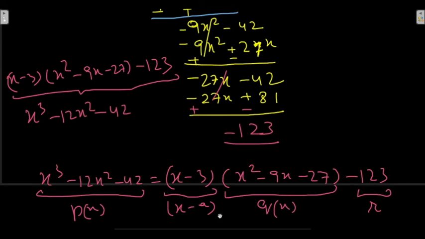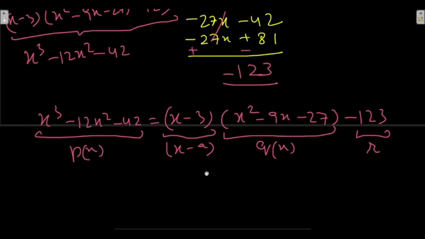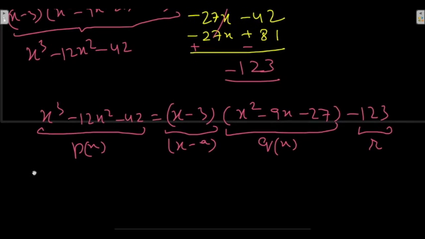Now what the theorem said was that if a polynomial p of x is divided by x minus a, then the remainder would be p of a. So let's find p of a here, and a here is 3. So let's find p of 3.